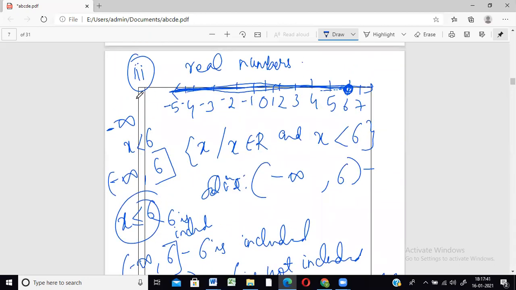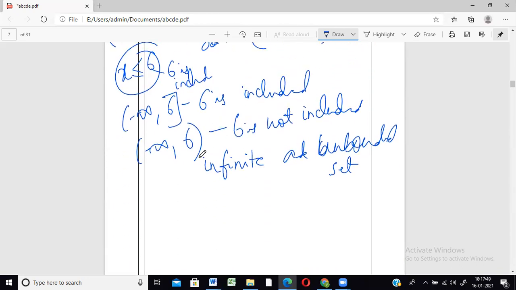Minus 5, minus 6, minus 10, minus 12, minus 100, minus 1000. There's no limit. You can have many such real numbers that are less than 6. So hence, it is infinite, meaning very many, and unbounded, which means there is no limit to it.